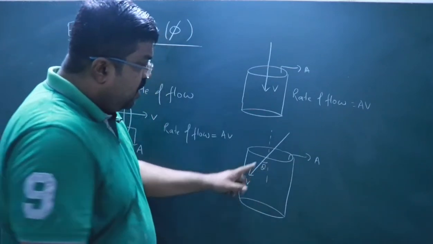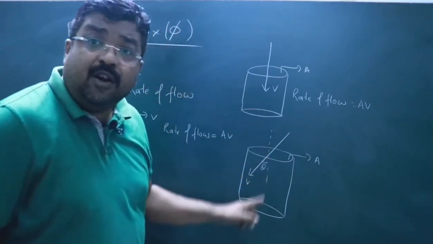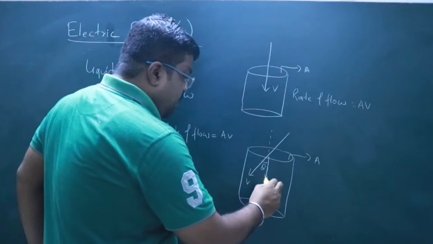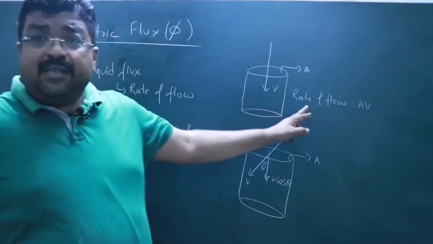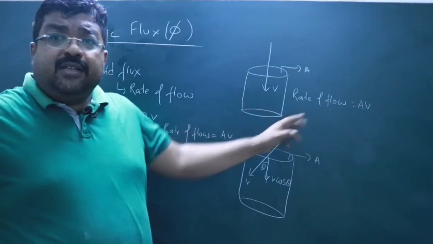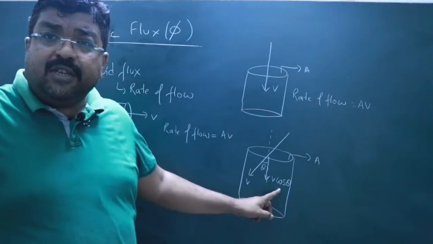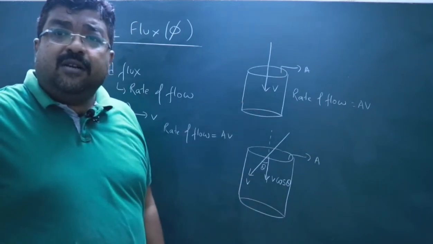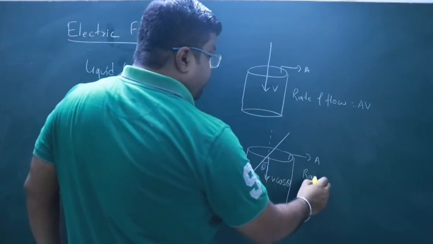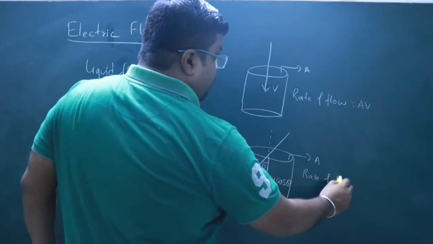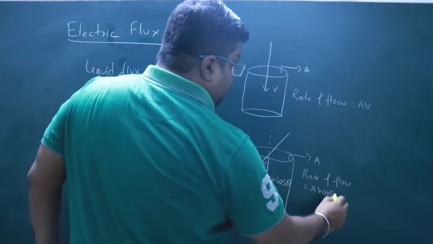So the component of V in the vertically downward direction will be V cos theta. If you compare this logic, here the rate of flow will be A into V cos theta, because now V cos theta is normal to the area.